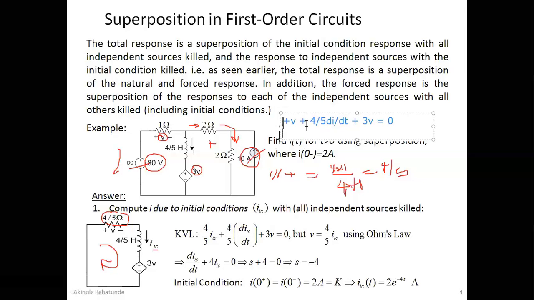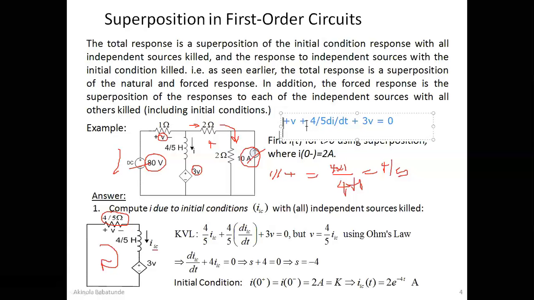Again, what you will find out here is that finding your V is not going to be difficult, because we already know that the current passing through there is just going to be the initial condition current. And we do know that the resistance is 4 over 5 ohms. So according to Ohm's law, your V would be equal to IR. R is 4 over 5.